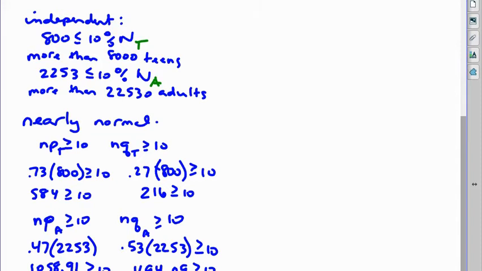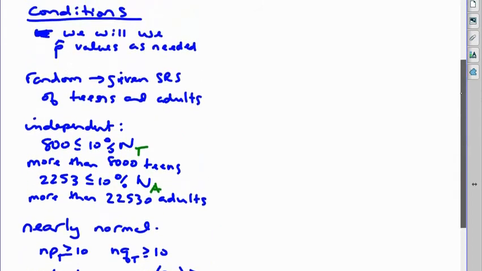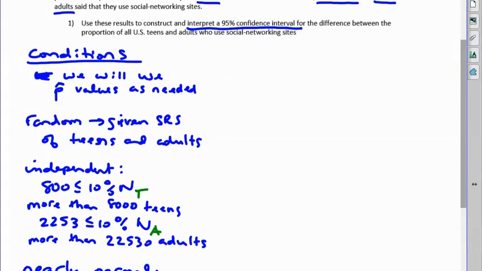And so it's really important to define what you're going to do. I like the fact that this number is higher than this number. So I think you're better off for your difference to specify that you're going to have the teens be first.